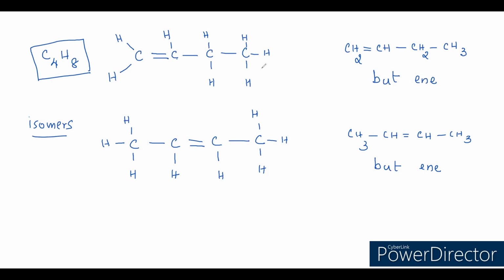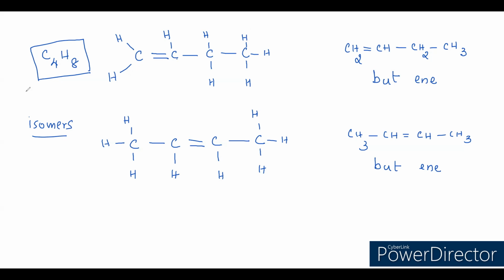To differentiate between them, we will start numbering the carbons and identify the position of the double bond. When I number them, I need to give the lowest possible number to the carbon which carries the double bond.